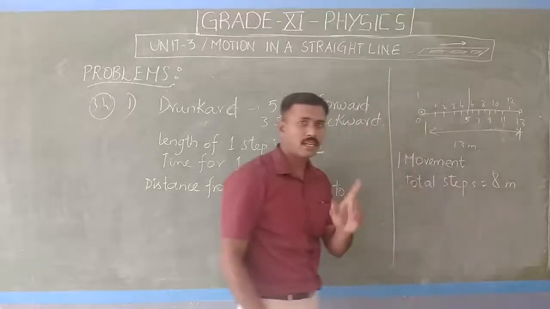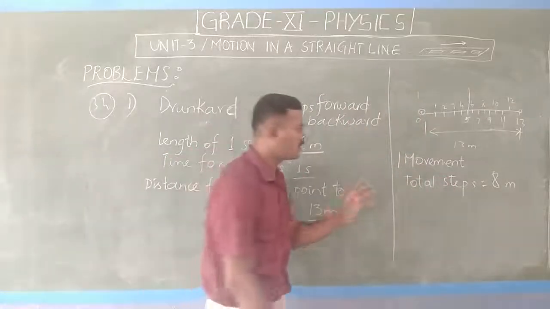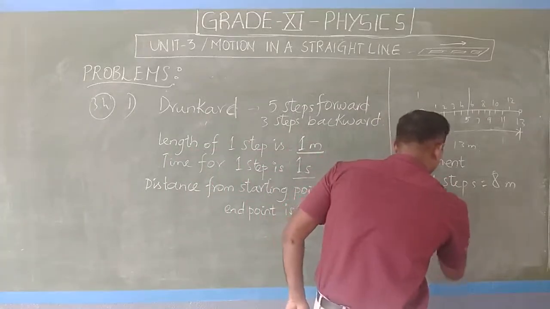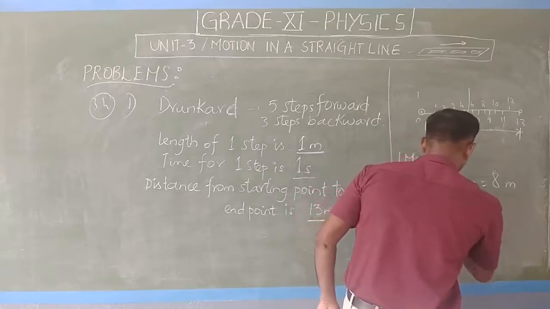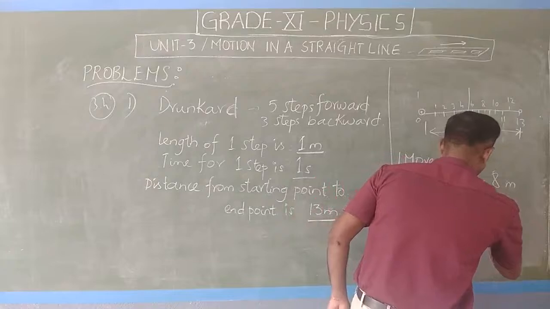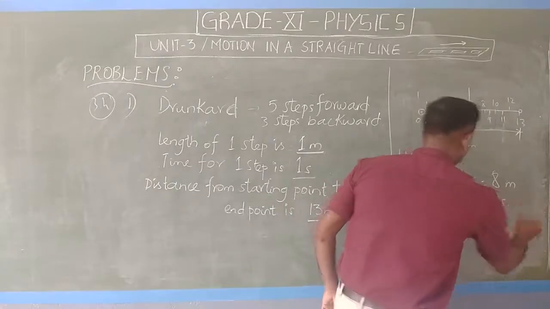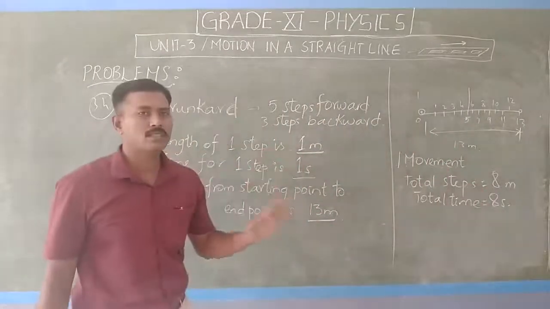For 1 meter the given time is 1 second, so for 8 meters the total time is 8 seconds.